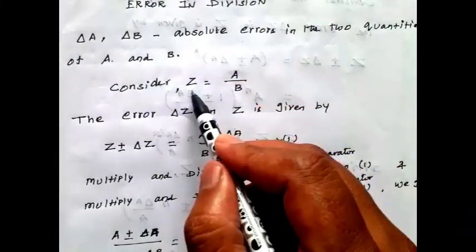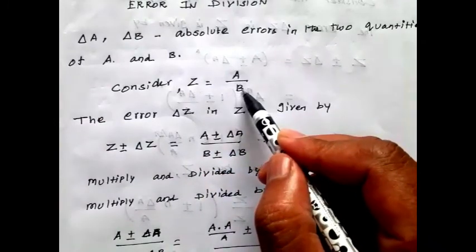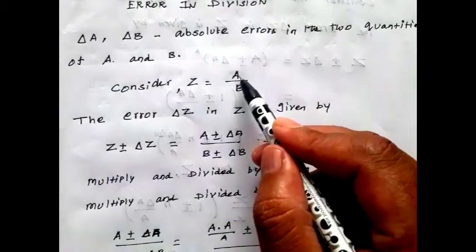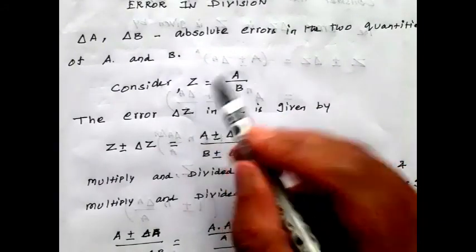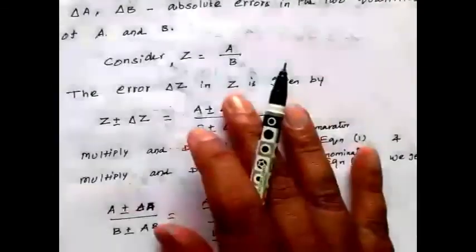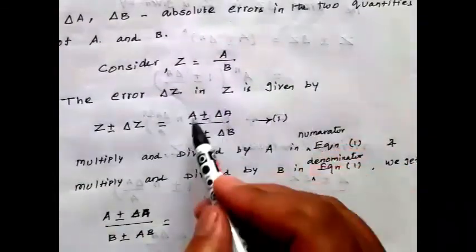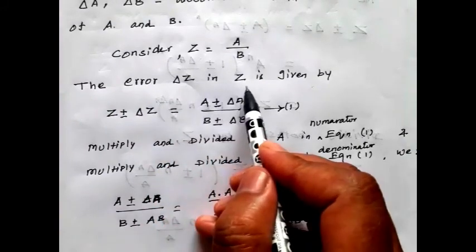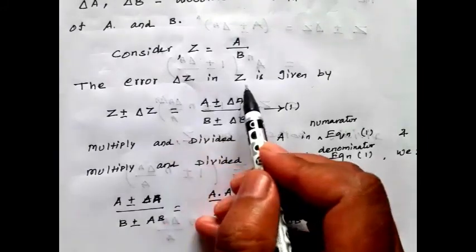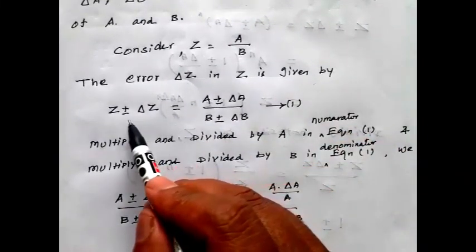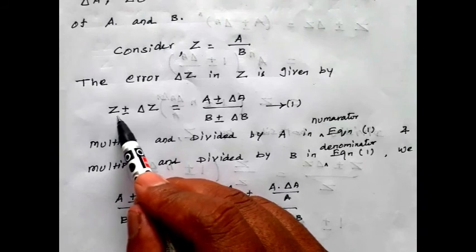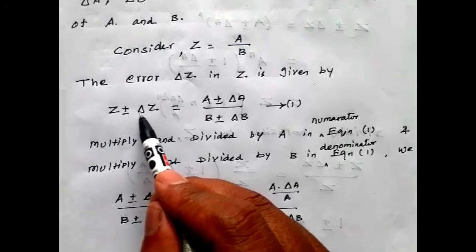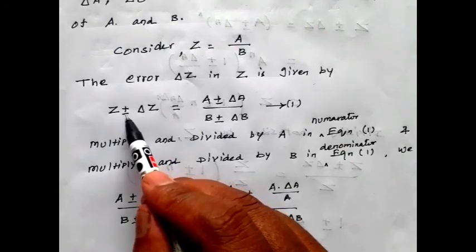So we take Z as the division of A and B. Here Z is the division of A and B. The answer we get when A and B are divided is Z. Then the error del Z in Z is given by Z plus or minus del Z. So why are we using plus or minus?